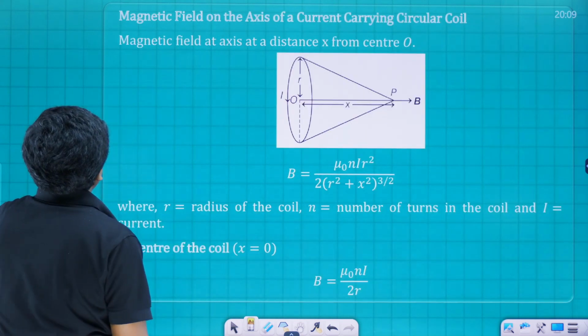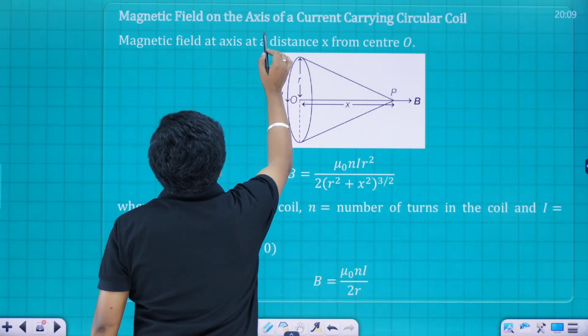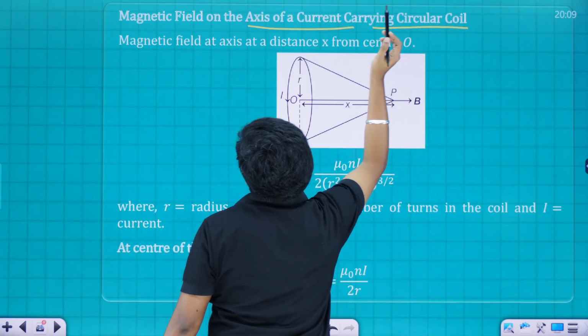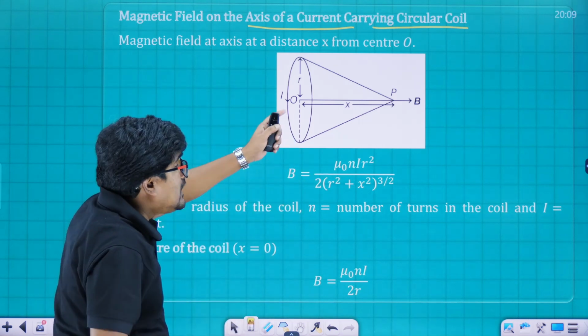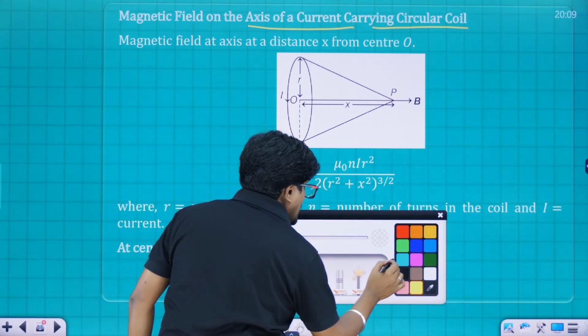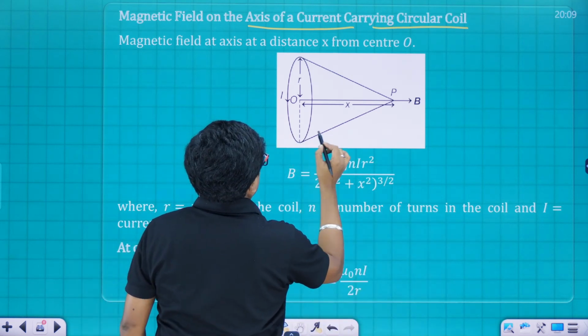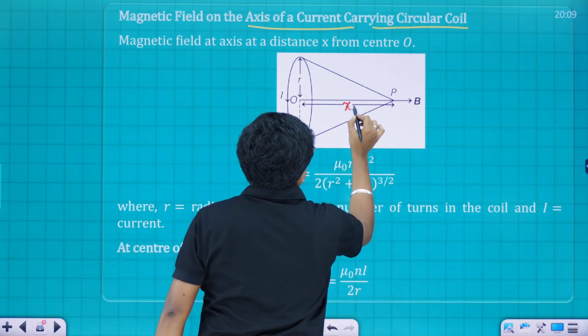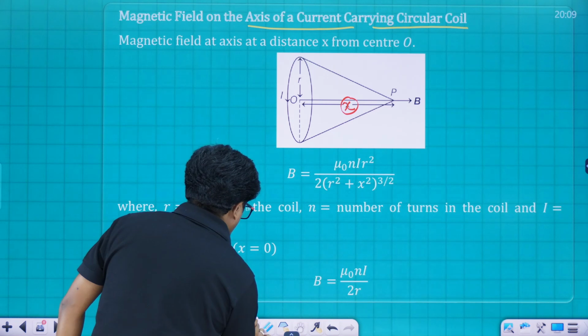All right, going to the next, this time it is magnetic field on the axis of a current carrying circular coil. The point is marked at a distance of, not r, here it is marked as small letter x from the center.